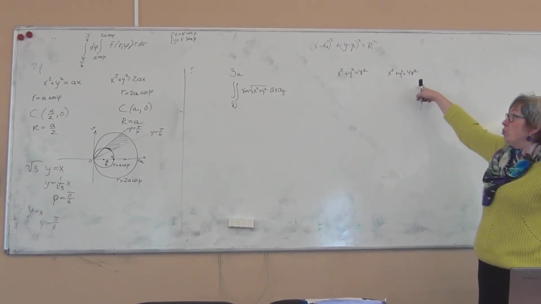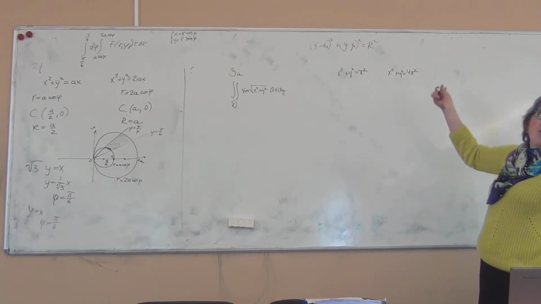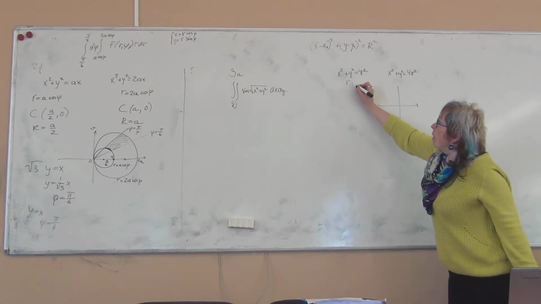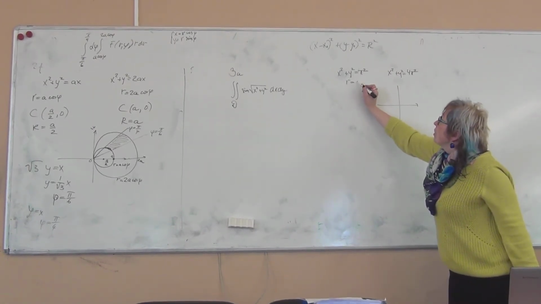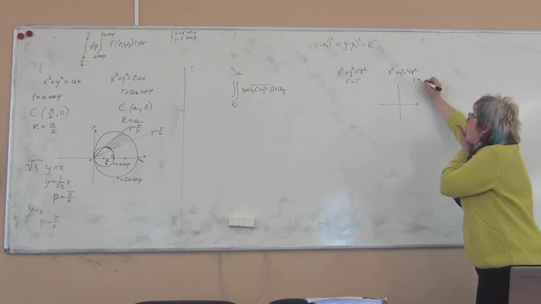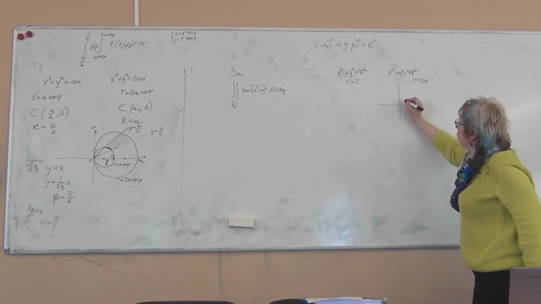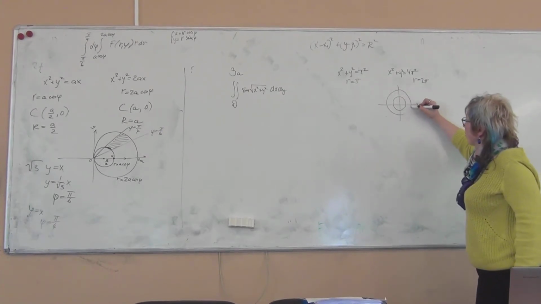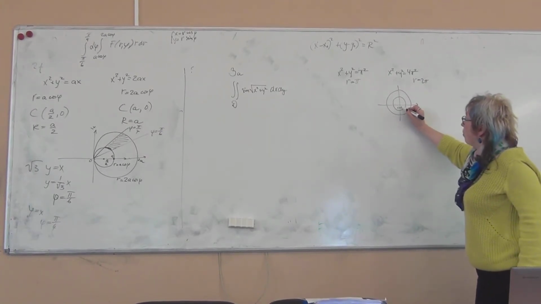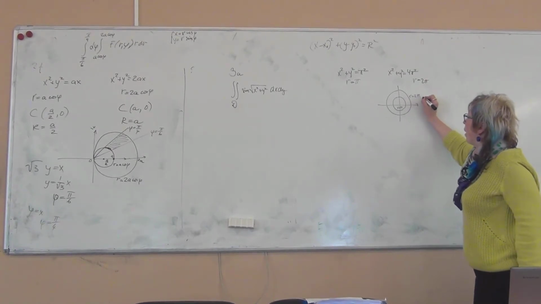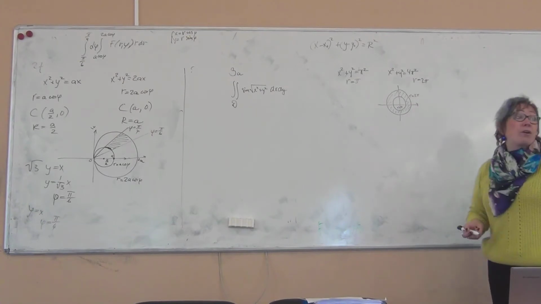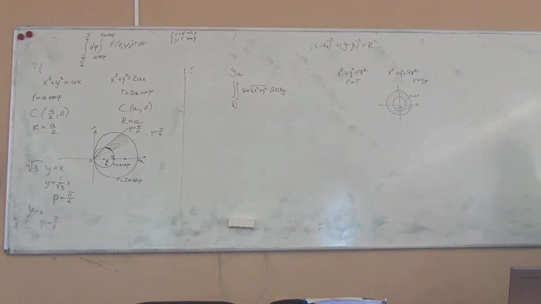So what we see is that the region of integration is a ring. The inner ring will have radius pi, the outer ring radius 2 pi. So this is r equals pi, this is r equals 2 pi. And the region of integration is this because there are no other constraints, just this.